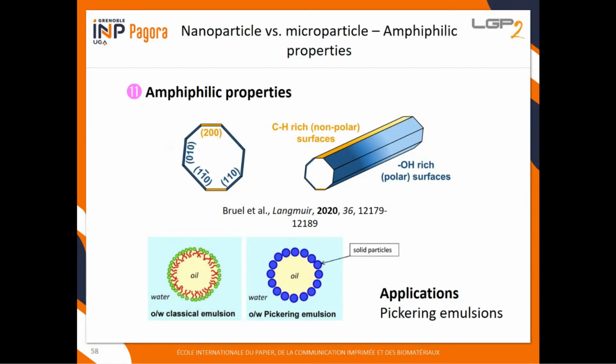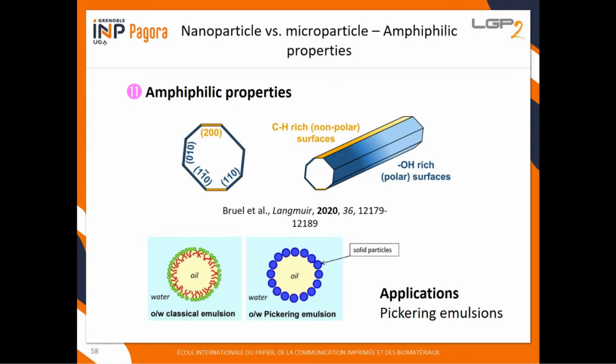Amphiphilic properties. In fact, these cellulose nanorods have some OH-rich surfaces, which are, of course, polar, and CH-rich surfaces, which are non-polar, meaning that we have a kind of surfactant that can be used to prepare Pickering emulsions.